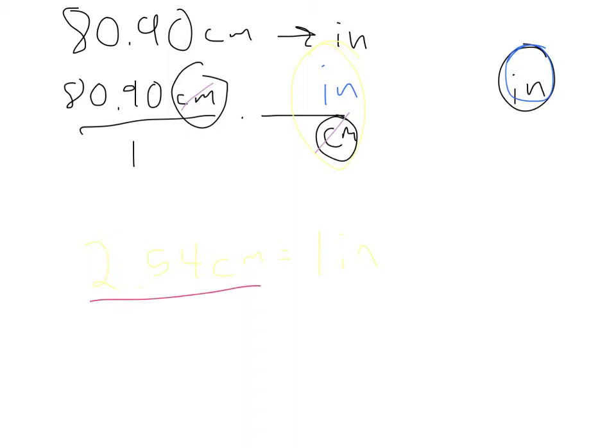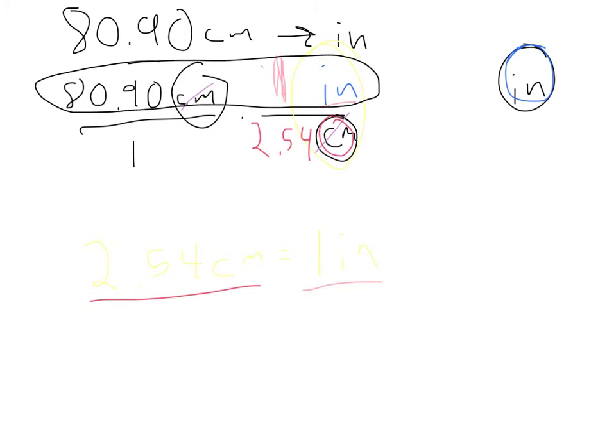So then you have to insert these values. You have 2.54 centimeters, so where you see centimeters, you plug in 2.54. You also have 1 inch in your conversion factor, so wherever you see inch, you're going to have to insert the number 1. At this point, multiply the numerators. 80.90 times 1 inch equals 80.90 inches.